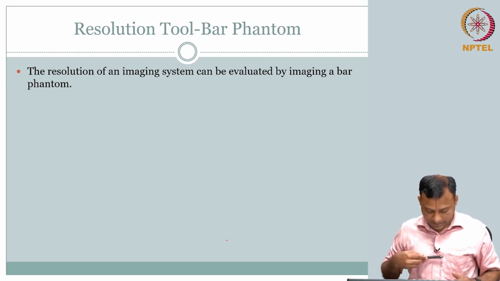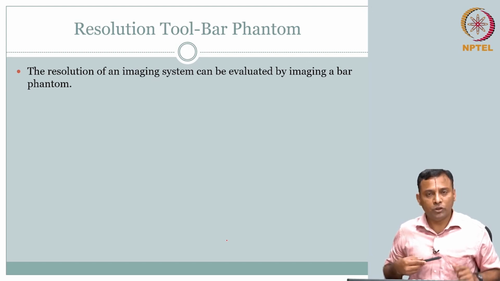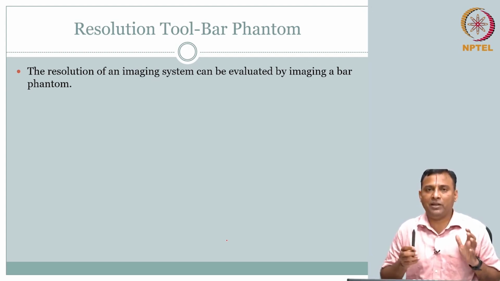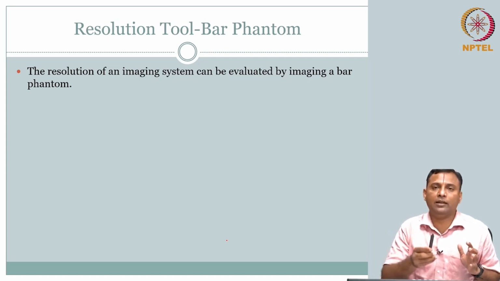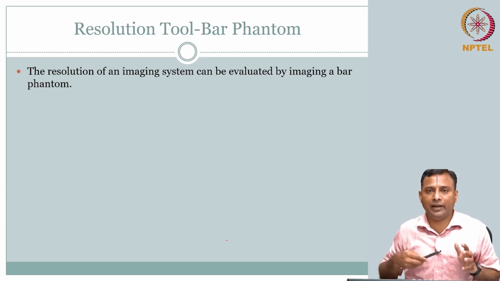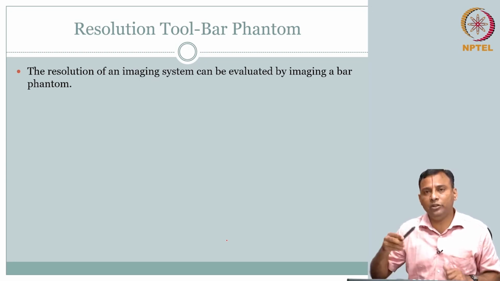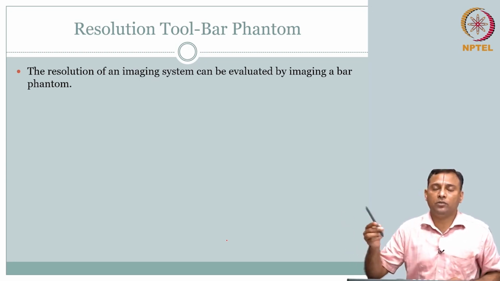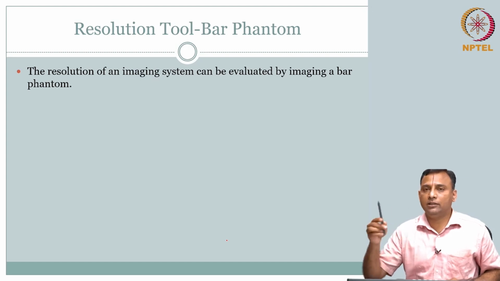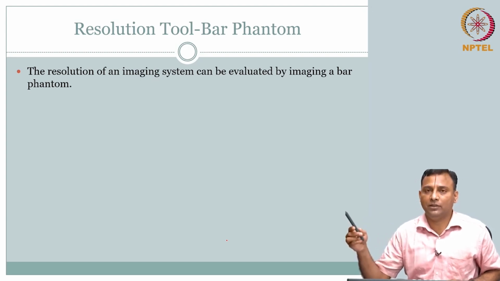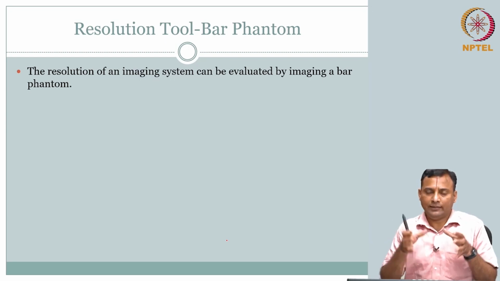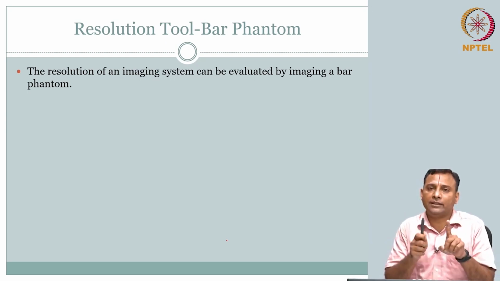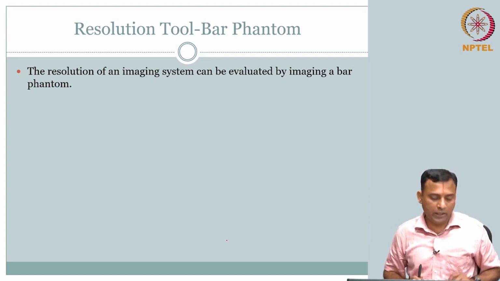That means your target, the ground truth, should be the same, in the same environment. You take one imaging system, another imaging system, a third imaging system, all trying to capture the same ground truth. Then you compare the output and say, this is resolvable in this system, this is not resolvable in the other system. So it is important that you present to the systems the same object with the same ground truth. Okay, so how do they do it?